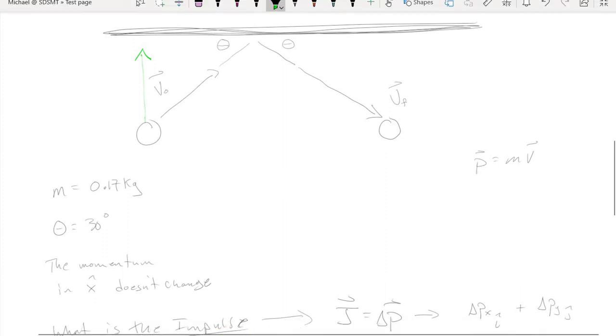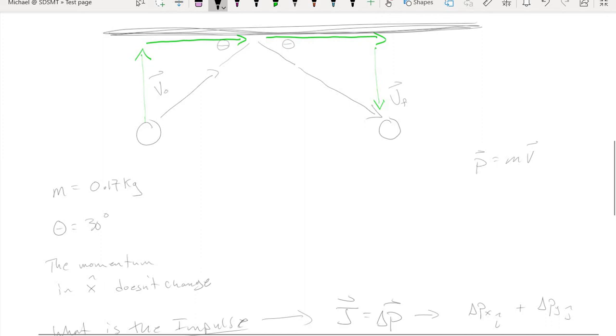We have another component of the velocity that is running parallel to the wall. After the collision, our final velocity has a component that is running parallel to the wall and a component that is pointing away from the wall.